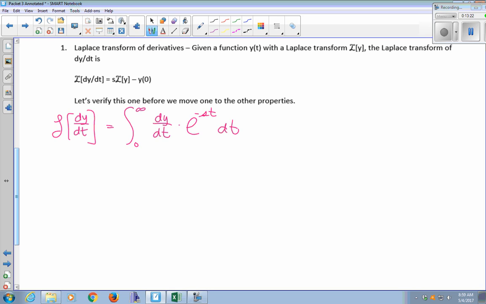So typically, when you see a product in an integral, you think either u substitution or, what's the other one? By parts. Yeah. So we're going to do by parts. In by parts, you have to choose a u and a dv.